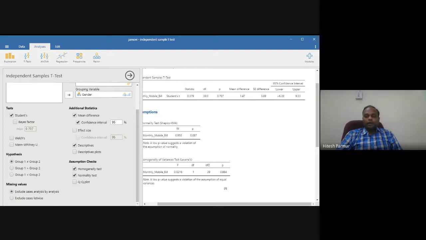I hope you are able to understand it. Everyone understood the range of the difference, the 95% confidence interval?